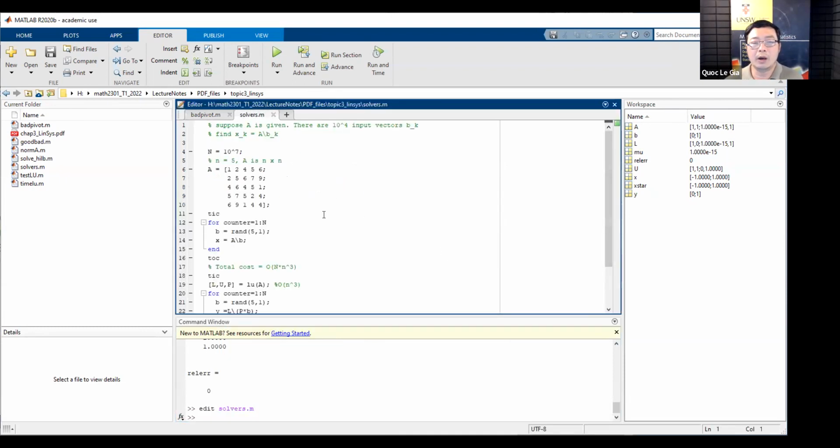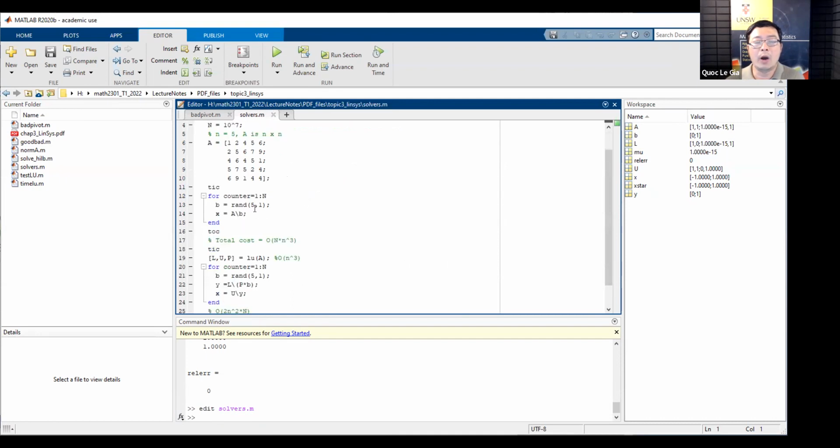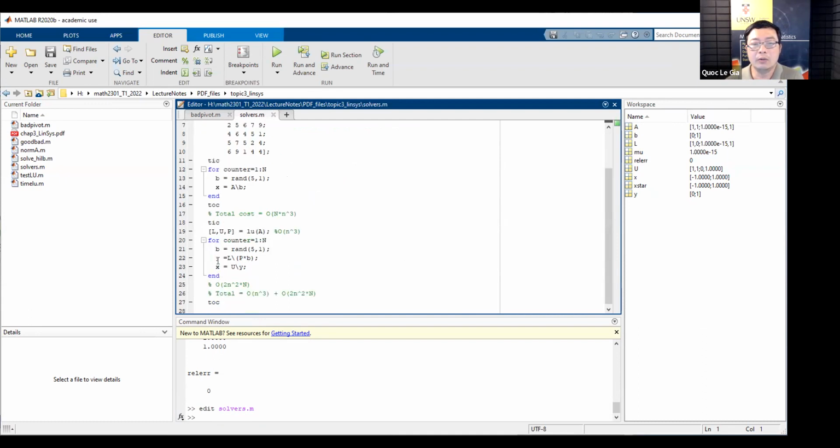Remember we saw this already. One way is you solve a linear system by LU factorization, and another way is you solve it by direct Gaussian elimination. And by LU factorization, you will see that it's always faster, right? We saw it, and now we need to explain why.